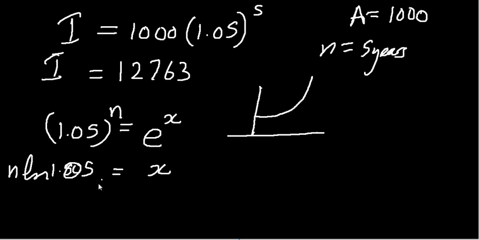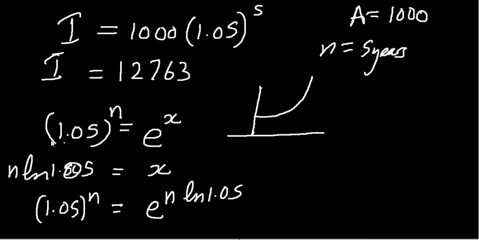So if I had e to the power of n ln 1.05, that would be equal to 1.05 to the power of n. So this one here, I've now brought in terms of an e. Now that makes differentiating very easy.